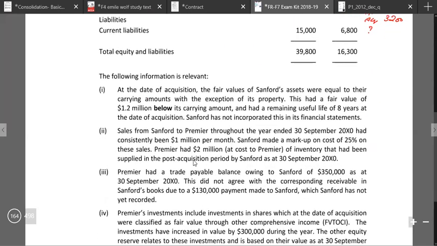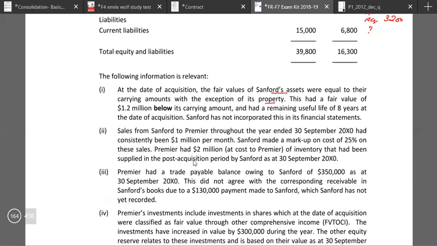Okay, now we have the notes. At the date of acquisition, the fair value of Sanford's assets were equal to their carrying amount, with the exception of its property. This had a fair value of 1.2 million below its carrying amount, and had a remaining useful life of 8 years at the date of acquisition.